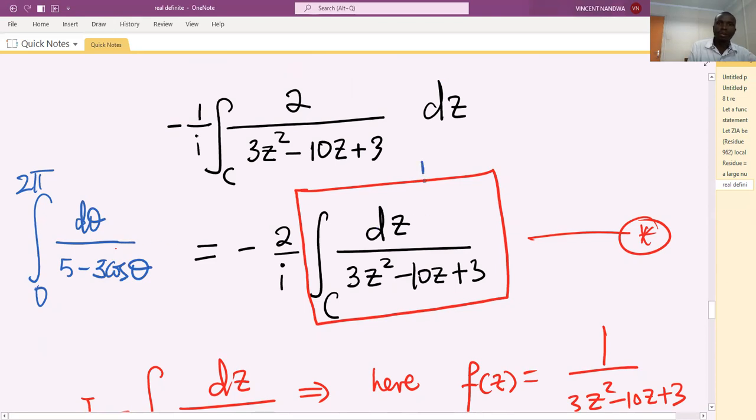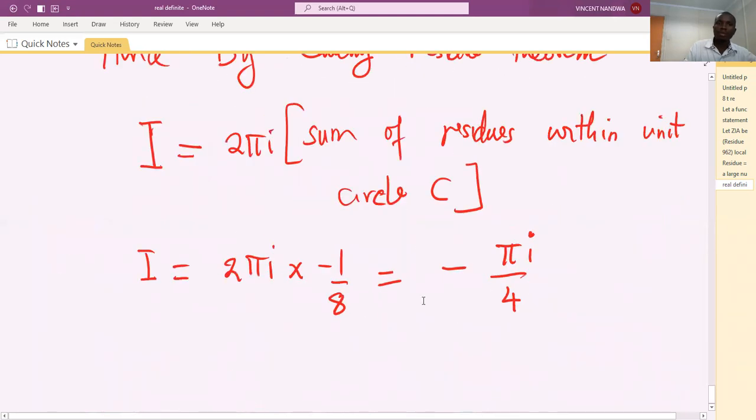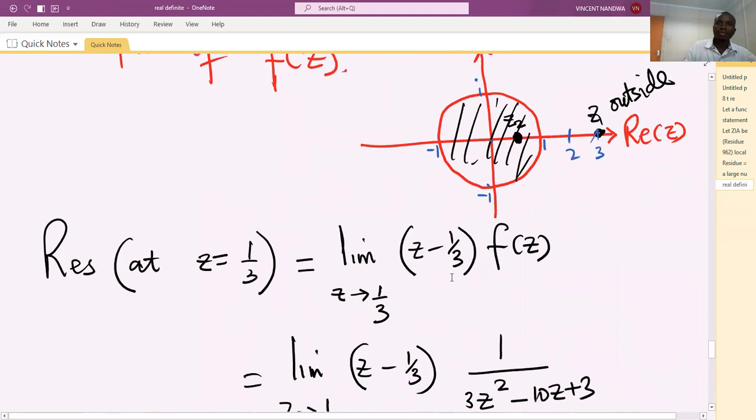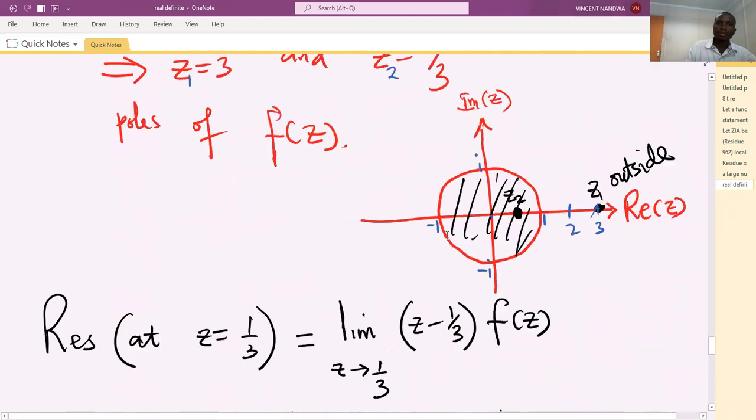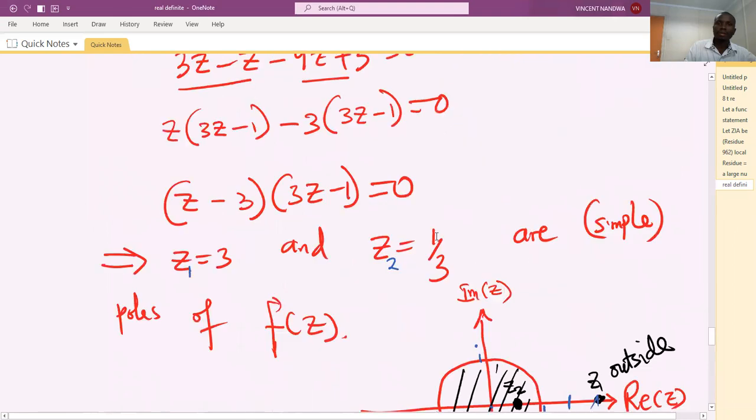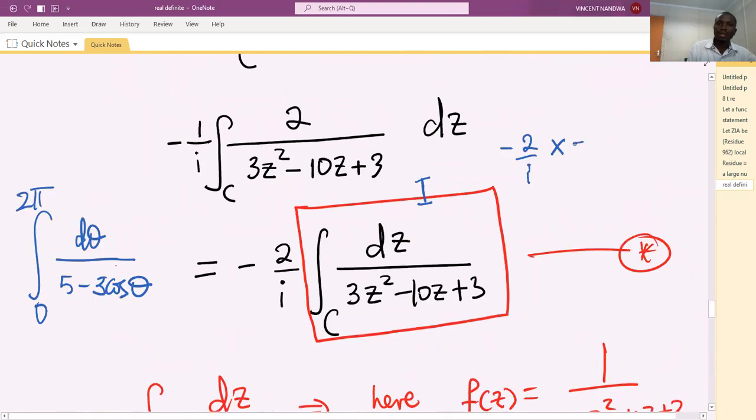So because we have the value of this integral, we simply need to multiply minus 2 over i times the value of this integral, whose value we have found to be minus pi i over 4. So 2, 1, here 2, i and i, negative and negative. So we get pi over 2 as the answer.